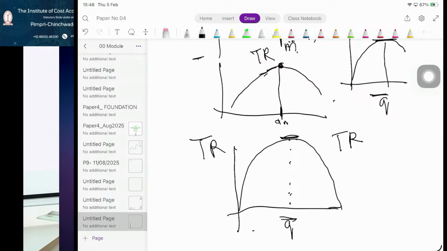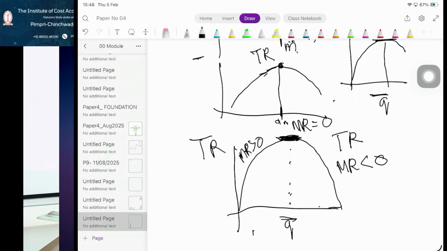To the left of Q dash, total revenue is increasing, therefore marginal revenue will be positive. And to the right, when total revenue is falling, MR will be negative. Correct? In this case MR is negative, here MR is positive, and at this tangent point MR is equal to 0.